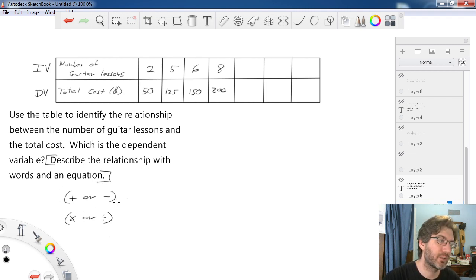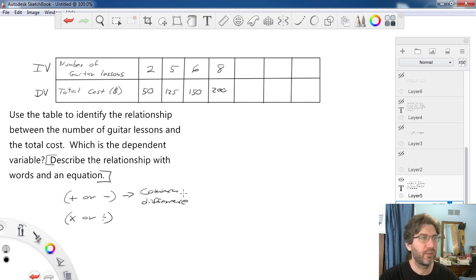If it's going to be addition or subtraction, it is going to have something called a common difference. You want to take your dependent variable and subtract your independent variable from it.